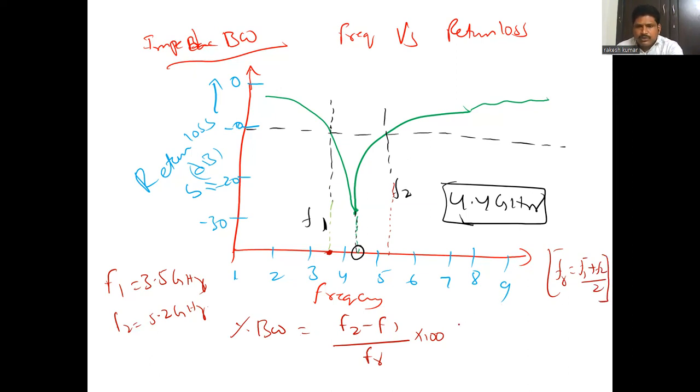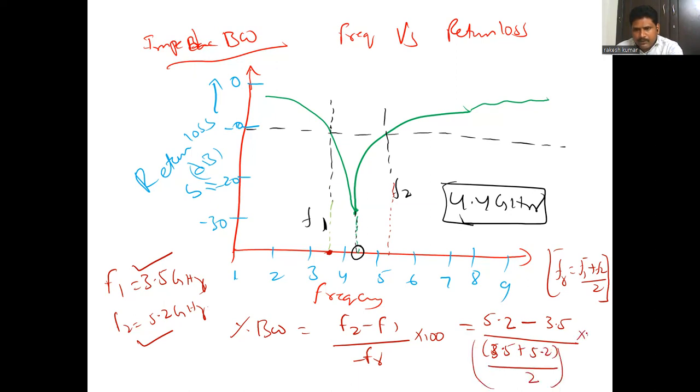So the value is (5.2 gigahertz minus 3.5 gigahertz) by ((3.5 plus 5.2) by 2), into 100.